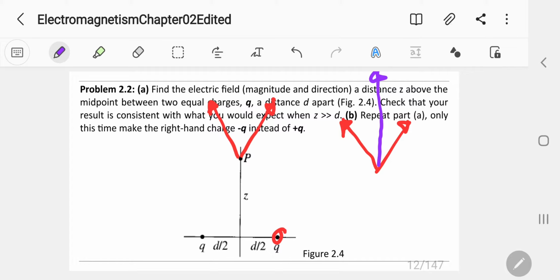But how about if this one is negative instead of positive?